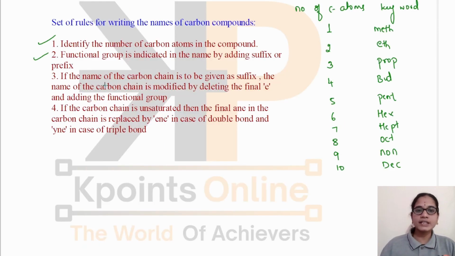Okay. And if the carbon chain is unsaturated, then the final 'an' in the carbon chain is replaced by 'en' in case of a double bond, and 'yn' in case of a triple bond. Yes, if the carbon chain contains any double or triple bond, we will indicate that by using the suffix 'ene' and 'yne'. 'Ene' and 'yne' are used if a double or triple bond is present respectively.